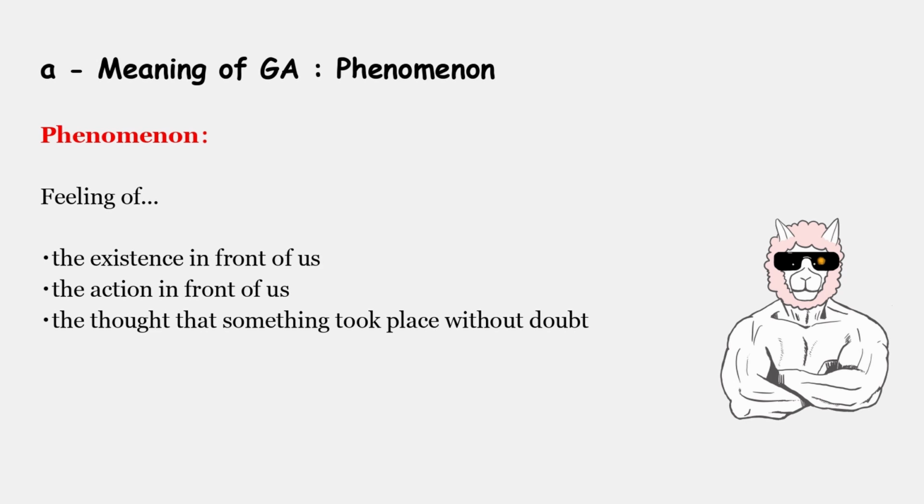So first of all, we are gonna see ga of the phenomenon. By phenomenon, I'd like to say the feeling of the existence in front of us, the action in front of us, and the thoughts that something really takes place. In short, when we talk about something that we can touch, or almost touch, or the very concrete thoughts, ga is rather used than wa.